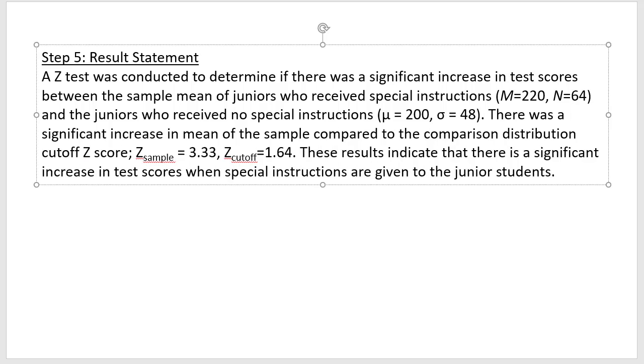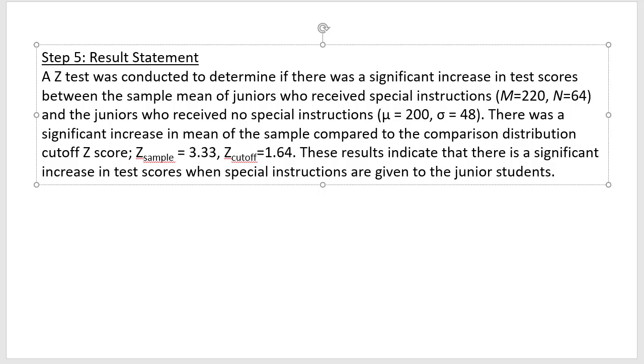When we look at the result statement, it is a narrative, and this is a good primer for going forward in chapter 8 and so on, because we are going to be talking about how we create a results section. So this is just a good way to prime you into thinking about how we conclude a statistical test. A z-test was conducted to determine if there was a significant increase in test scores between the sample mean of juniors who received special instructions, mean equal to 220, n equal to 64, and the juniors who received no special instructions, population mean equal to 200, standard deviation equal to 48.